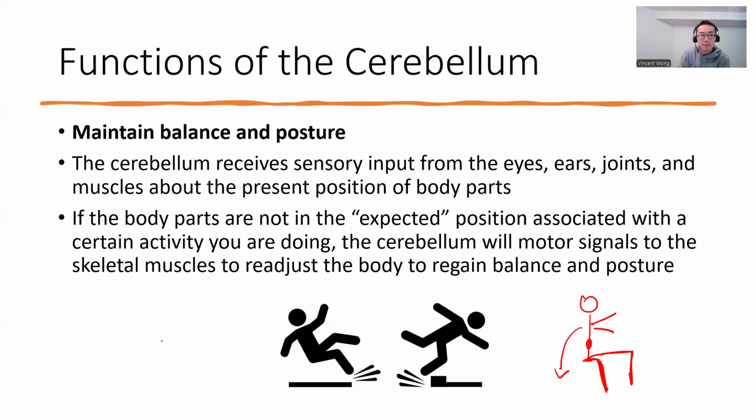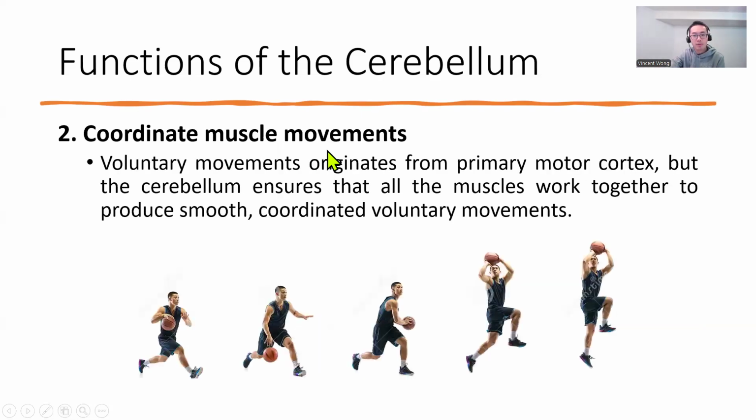But if you're walking and you trip on a rock or something, your body is going to try to readjust itself so that you don't fall down, and that is happening in the cerebellum. It also coordinates muscle movement. If you execute a series of movements, such as shooting a basketball, all that motion requires coordination of various body parts, and that coordination happens in the cerebellum.